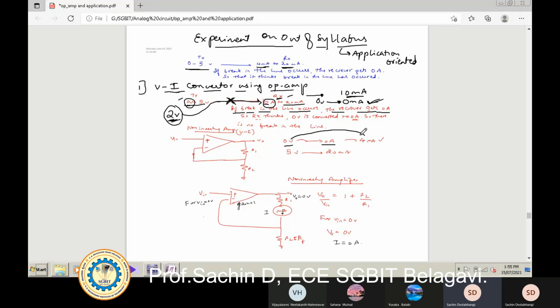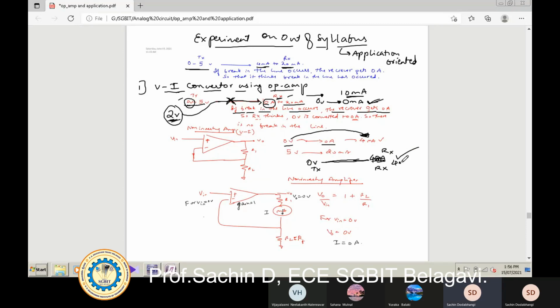as 4 milliampere, right? Suppose I transmit 0 volt as 4 milliampere. Let's see: I am sending 0 volt. This is my transmitter and this is my receiver. So that is converted to current as 4 milliampere, and the receiver is receiving 4 milliampere.